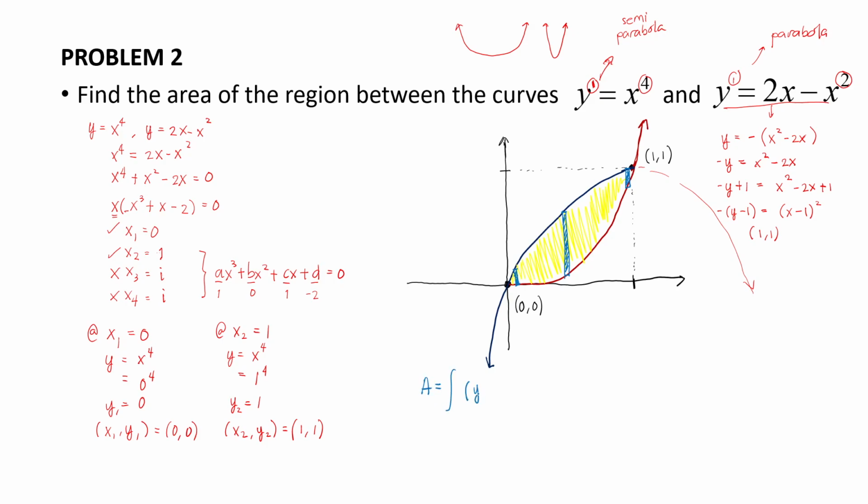So this would be y top minus y bottom dx from x1 to x2. So the formula would be: y top is equal to y equals 2x minus x squared. Okay. And then y bottom is equal to y equals x to the power of 4.